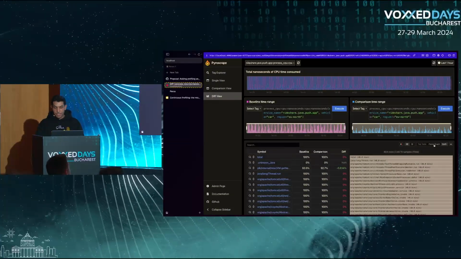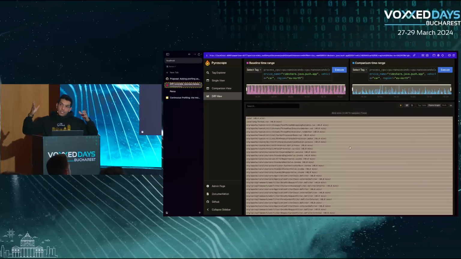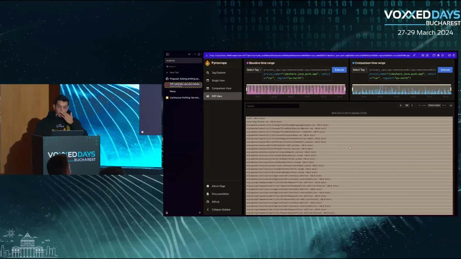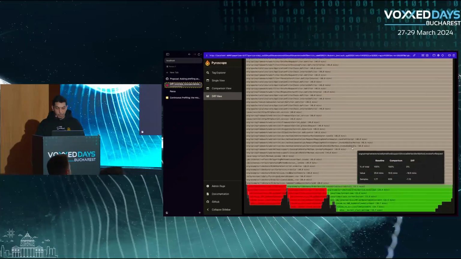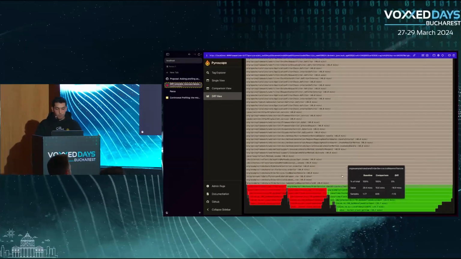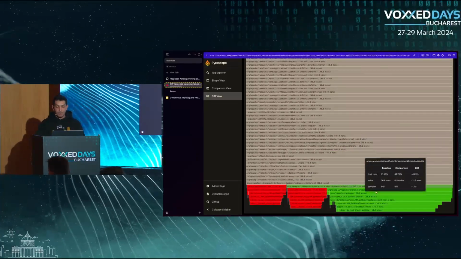I have the flame chart graph, which is basically showing what's eating all my CPU. You can see that it's similar, similar, similar, until I came to this one. Check driver availability is what's eating most of it.